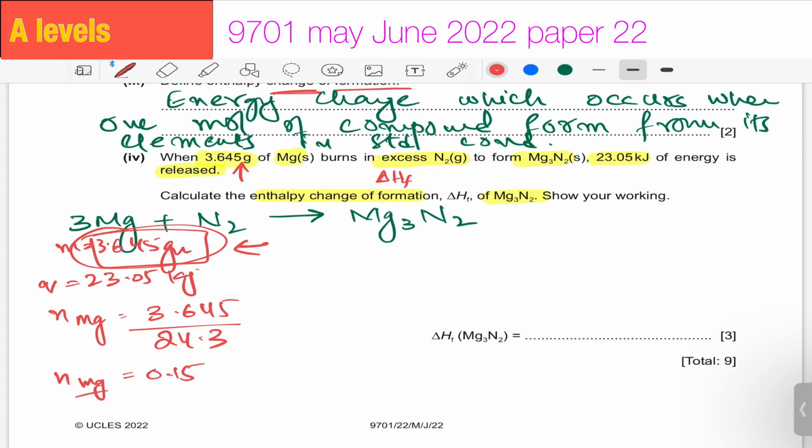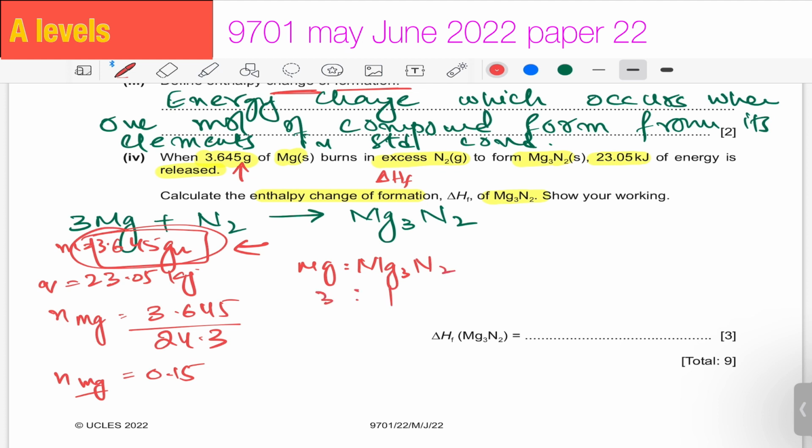Now next we have to convert these moles of magnesium into moles of magnesium nitride by using the molar ratios. So we have 3 moles of magnesium in the equation. 3 moles of magnesium gives 1 mole of magnesium nitride. So whatever the moles of magnesium we have, we get 1/3 of that as magnesium nitride, because the molar ratio between magnesium and magnesium nitride is 3:1.